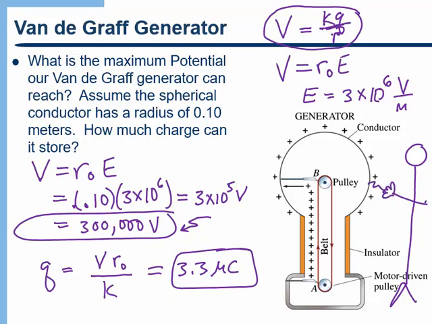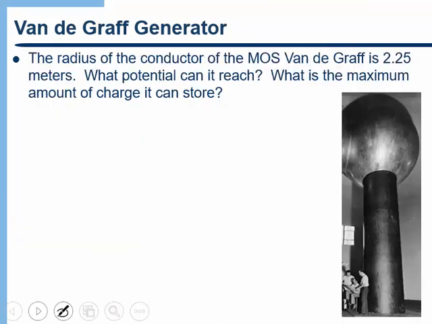And I've never killed a student yet. So that's a good record, right? And so why isn't that deadly? Well, the reason is that it's not very much charge. That charge hits you pretty much all at once, but it's a small enough amount that it doesn't cause any damage. It hurts, by the way, but doesn't do any permanent damage.